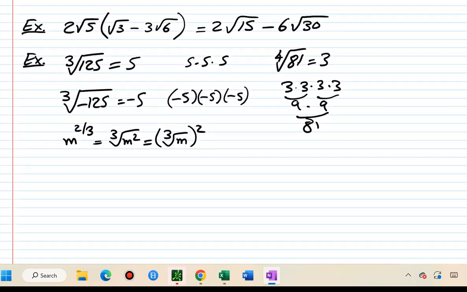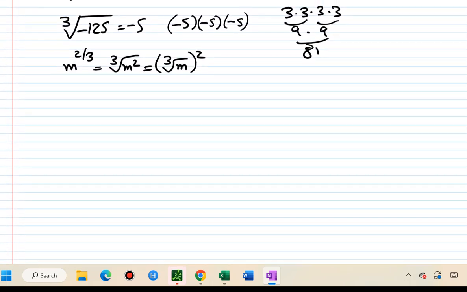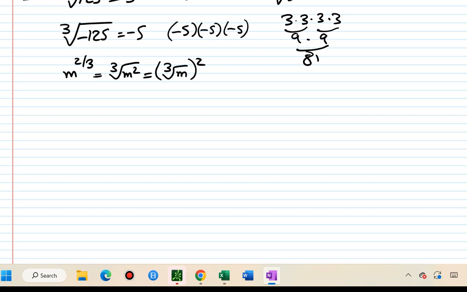Let's take a look at another example. What if I have something like this one? Now suppose I have the 4th root of x to the 4th, and let's say x could be anything. The answer is going to be, you can rewrite it as a rational exponent. That's 4 over 4. Which 4 is which?